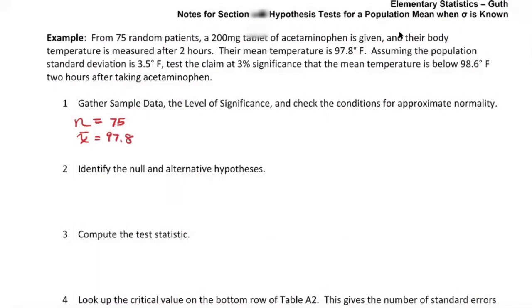Assuming a population standard deviation, that's sigma, of 3.5. Test the claim at 3% significance, that's our alpha, 0.03, that the mean temperature is below 98.6. That's an alternative hypothesis, mean below 98.6.